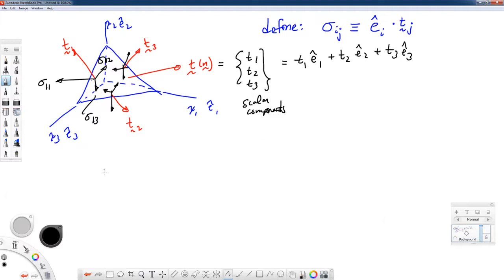So let's write this down. This T of N has these three components. I'm just going to write what I just wrote down again.